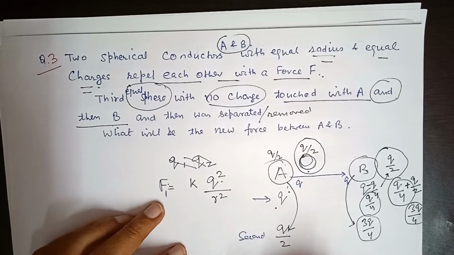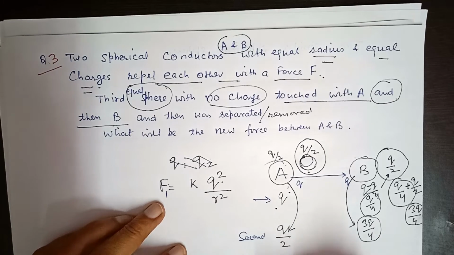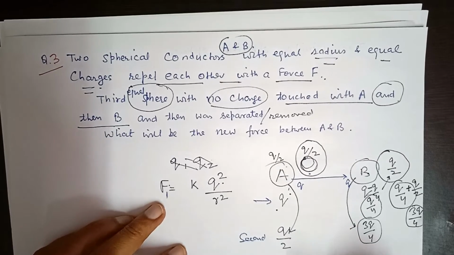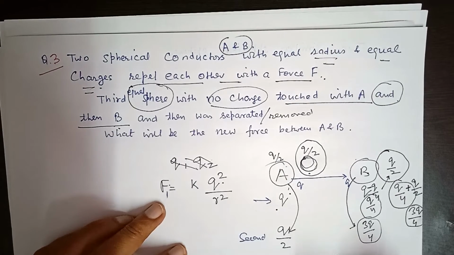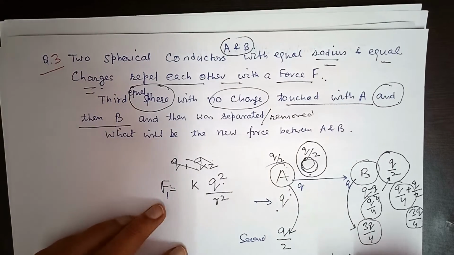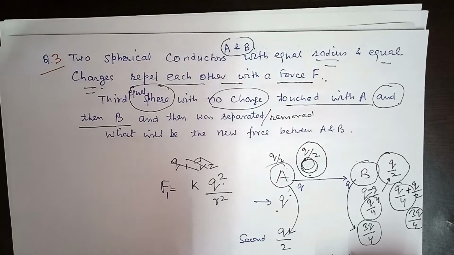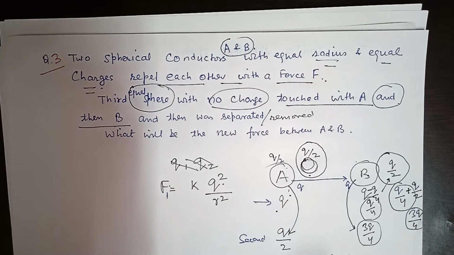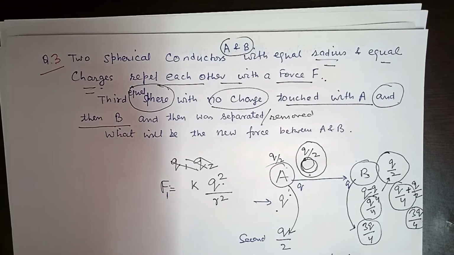F2 will be K into Q by 2 into 3Q by 4 divided by R square.